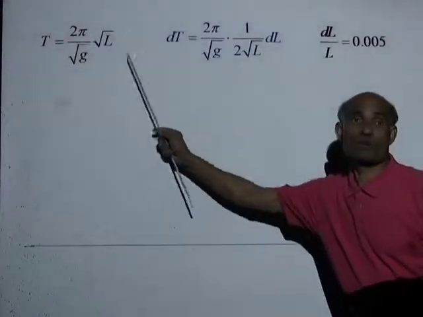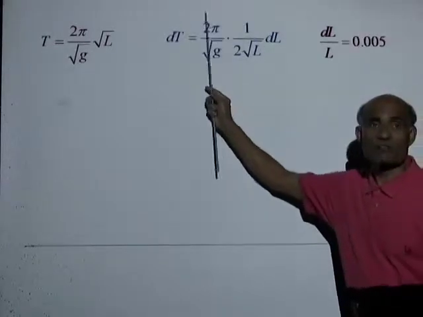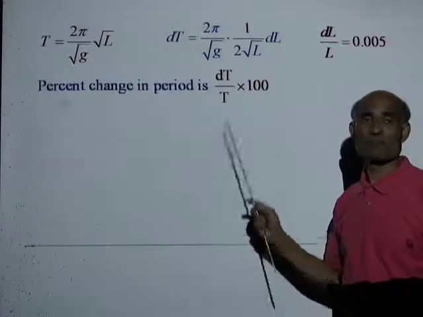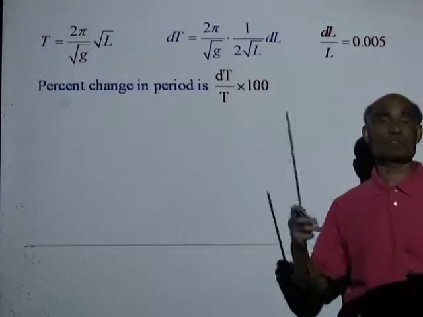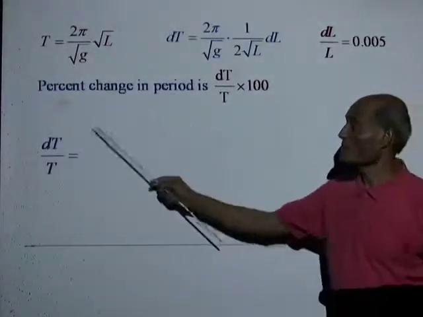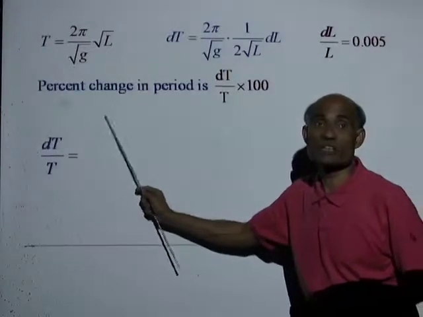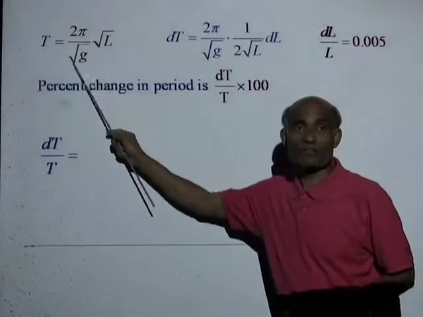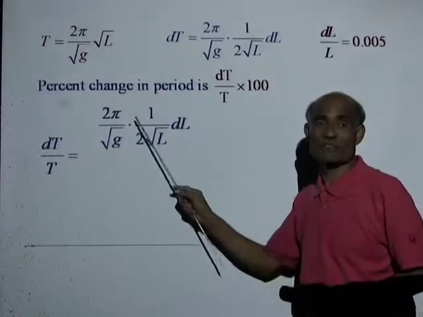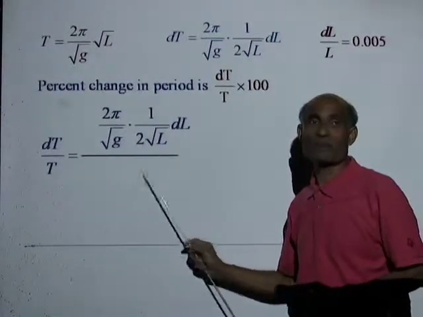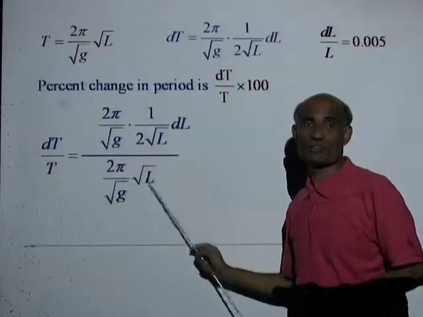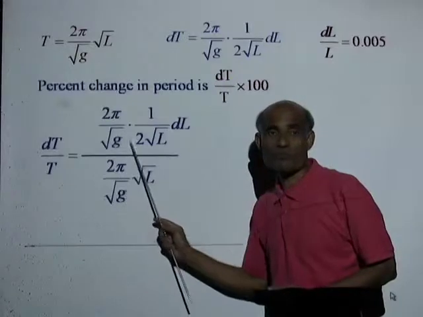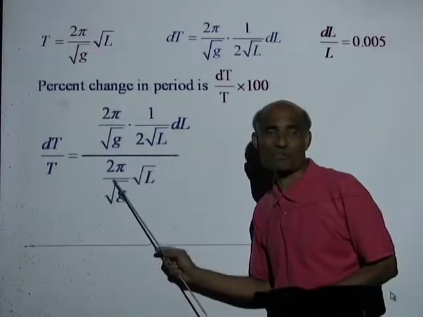Now I have brought all these quantities in here. We need to find dT divided by T, and then multiply it by 100 to get the percent. So dT divided by T is this quantity on the numerator and this quantity on the denominator. Simplify that. 2 pi divided by square root G will cancel.